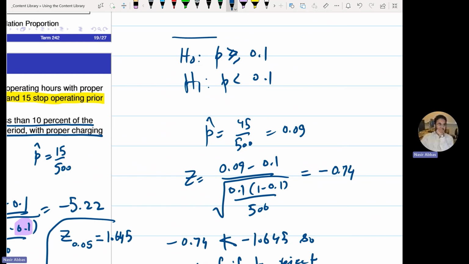So according to your decision, 0.09 is very close to 10%. So you went with this hypothesis that it's either close to 10% or more than 10%. It is not significantly less than 10%. 3% was significantly less than 10%. So you were confident that the distance is too big, so you went with H1. Here, you gave some margin of error. 0.09 is in the neighborhood of 10%. So you don't have enough evidence to say that it is significantly less than 10%.